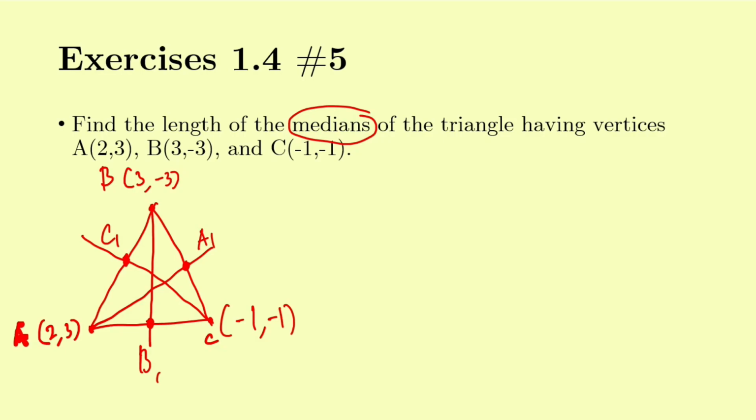Okay. Let's start with A1. So the midpoint of B and C, and distance from A. So to get A1, we need to use the midpoint formula for the points B and C. So that's equal to 3 plus -1 divided by 2 for the x coordinate, and for the y coordinate we have -3 plus -1 divided by 2.